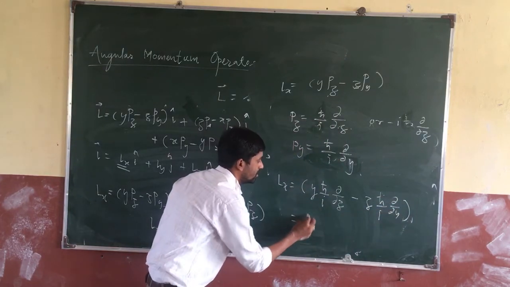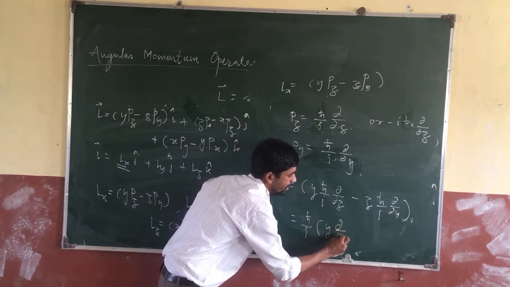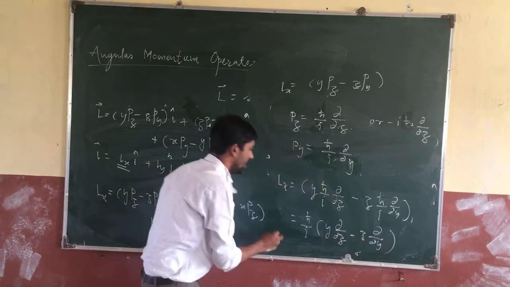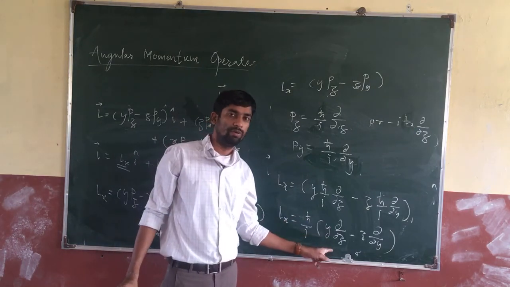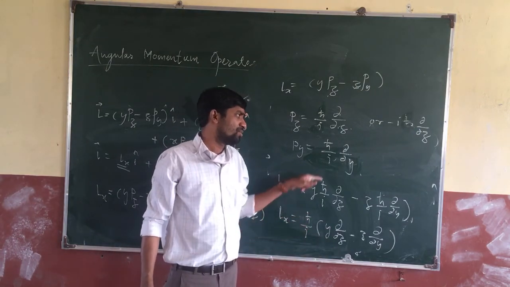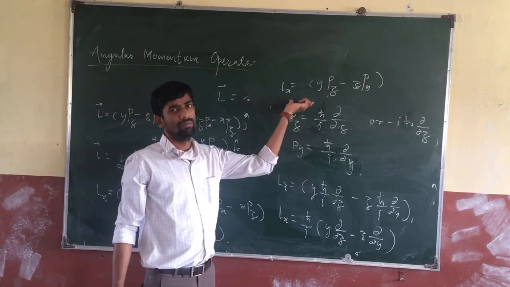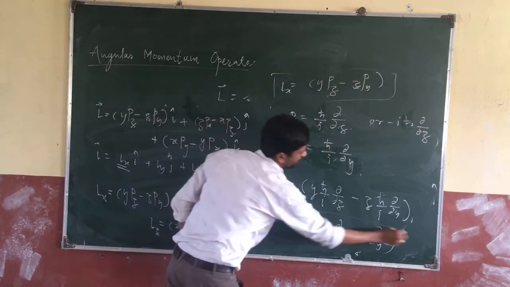If you take h cross divided by i outside, this is y dou by dou z minus z dou by dou y. In this way you can write Lx in derivative form, by substituting the value of linear momentum. If you do not substitute the value of momentum, you get the earlier form.